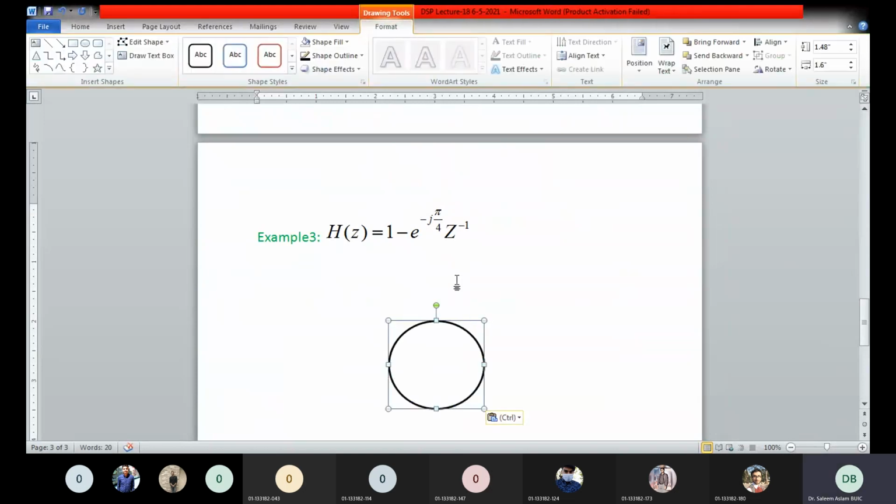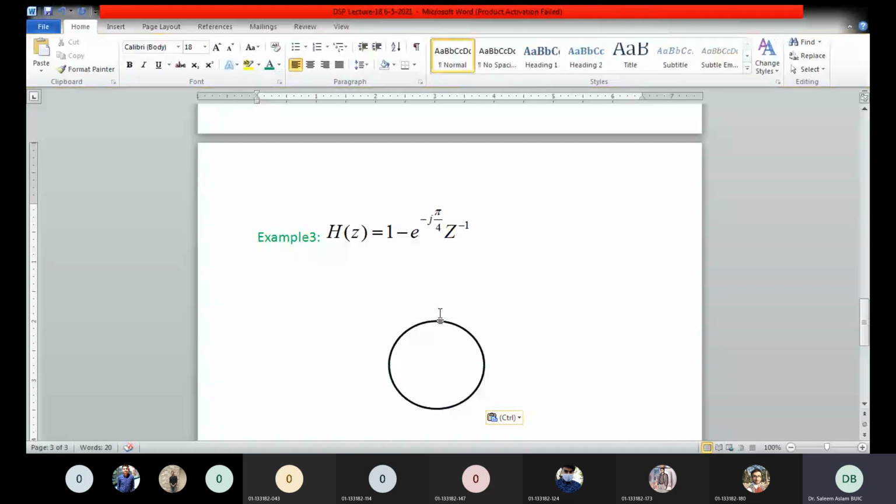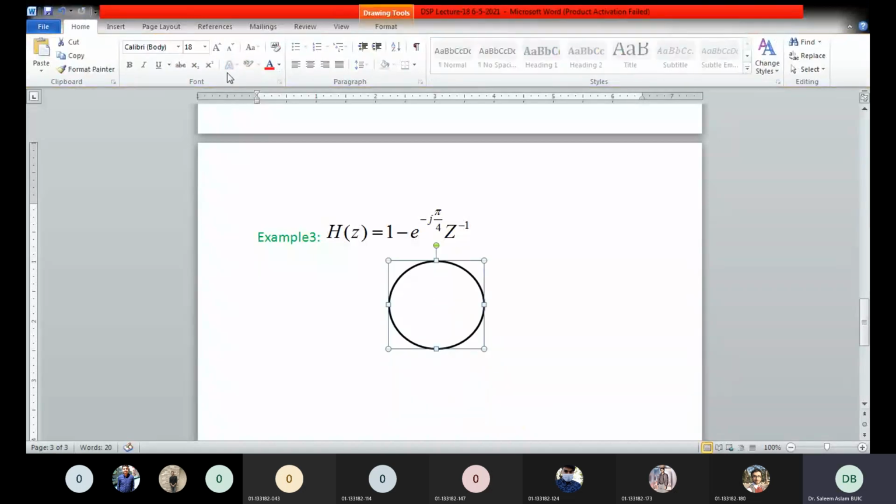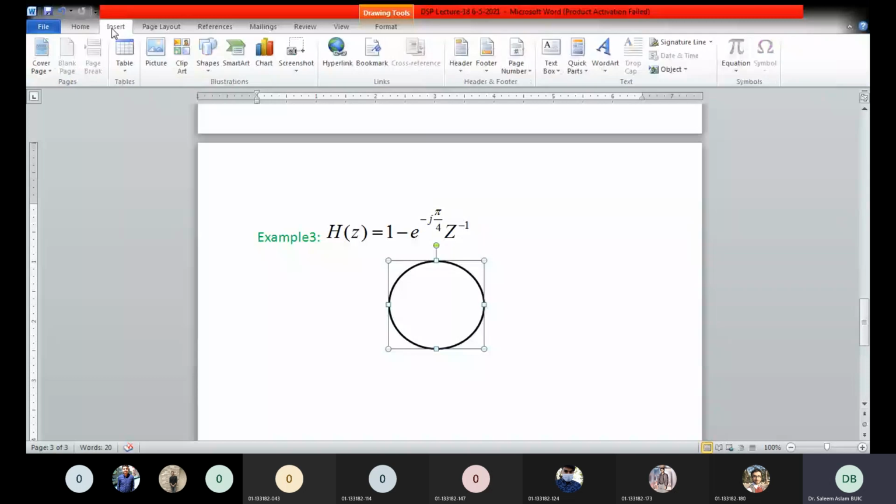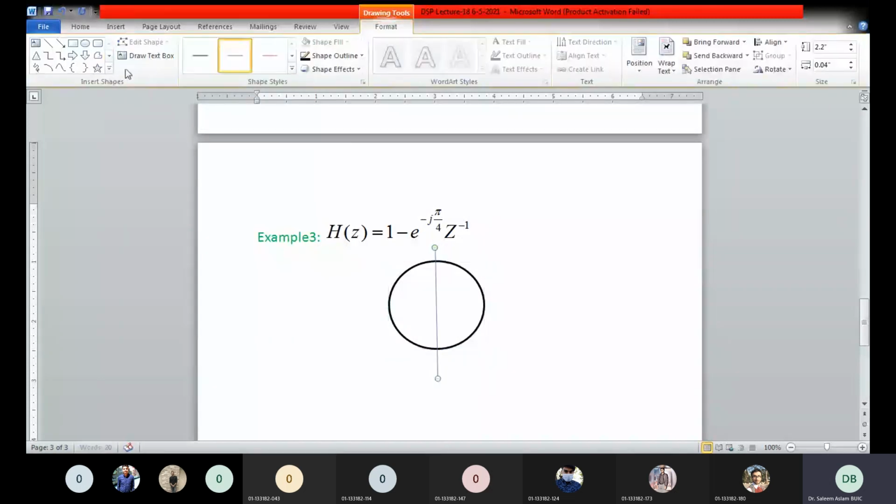So if we try to plot this system, we will have the pole zero diagram. Let me draw the pole zero diagram first, and then I'll draw the magnitude response.